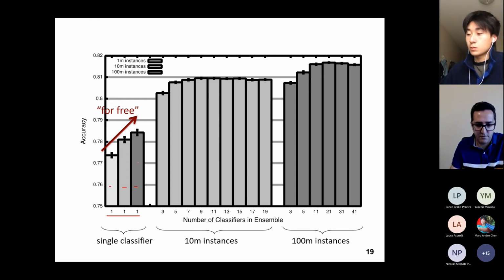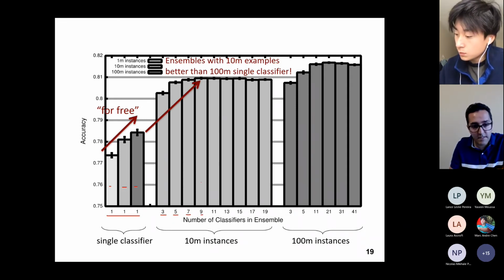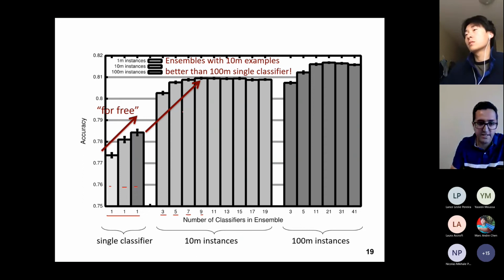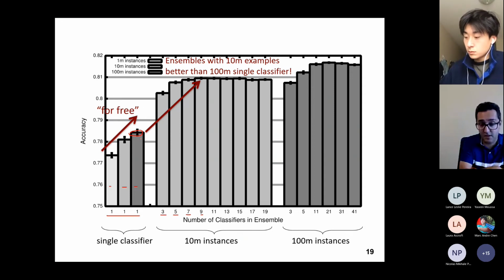Now let's use ensembles, right? So what you see here is the number of ensembles we used, okay? And you can see something very interesting. All of a sudden, the accuracy jumps significantly. And the interesting thing is that the results I'm showing here in the middle, these are for 10 million instances. And the interesting thing is that they beat this one, right? The 100 million instances. So actually having ensemble learning with 10 million is giving us better results than not using ensembles and 100 million.